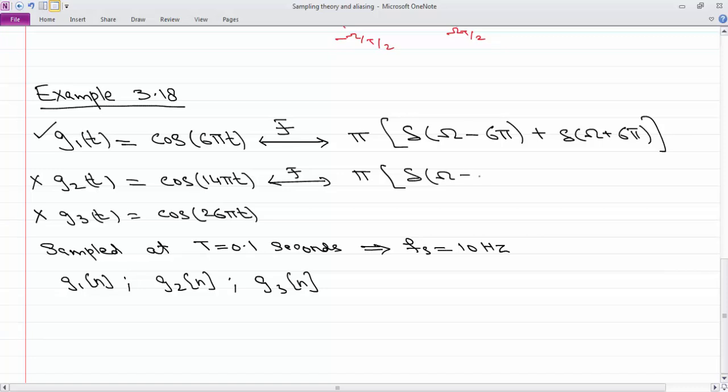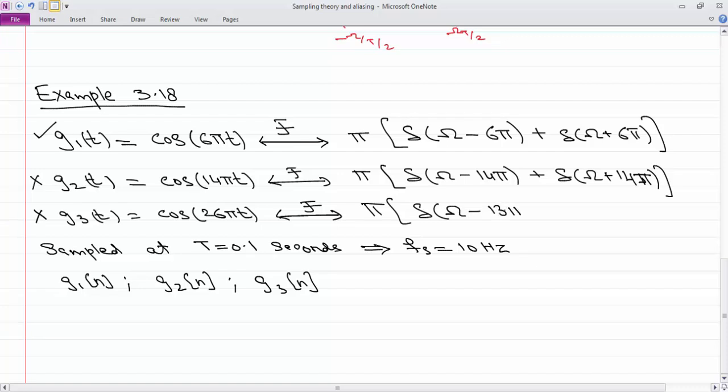Similarly, we have delta of omega minus 14 pi plus delta of omega plus 14 pi for the 7 Hertz. Then we have delta of omega minus 26 pi plus delta of omega plus 26 pi for the 13 Hertz.